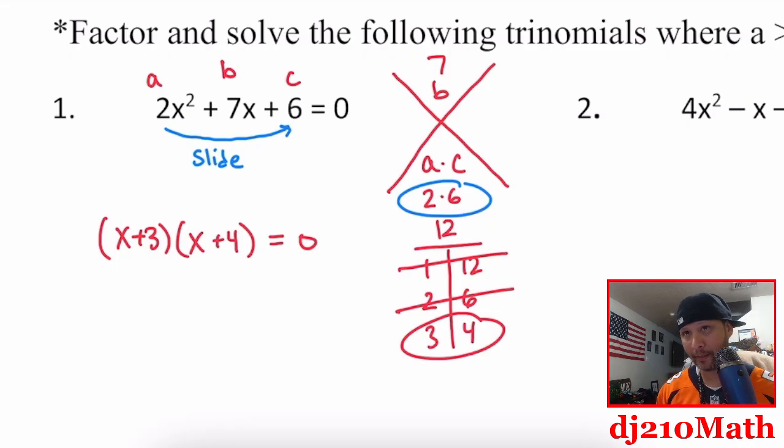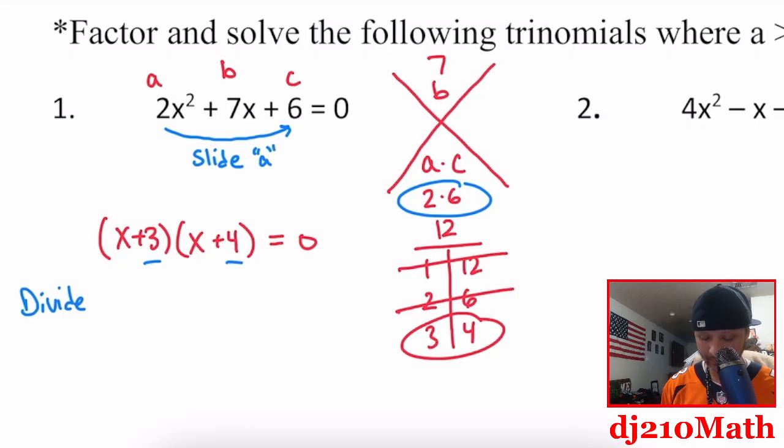Then, the most forgotten about part is the divide part. So we have to divide these numbers by whatever we multiplied by, like the A value. So we slide A to multiply, and then we have to divide A back out. So this is going to be divide by 2, divide by 2.